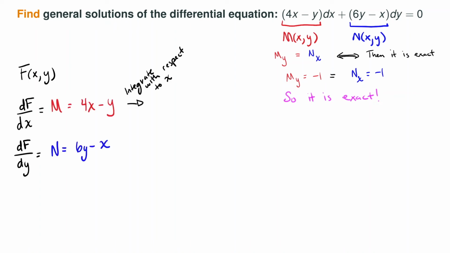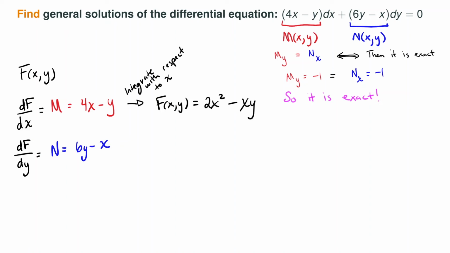If we integrate our M, 4x minus y, with respect to x, we get back our function F. So F of x comma y, integrating our first term with respect to x gives 2x squared minus, and our term y would give us xy.